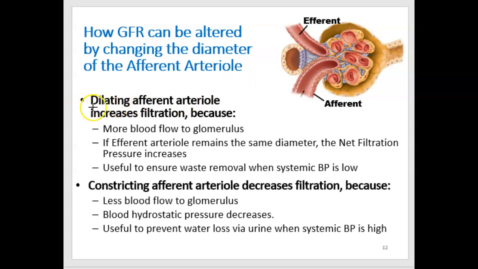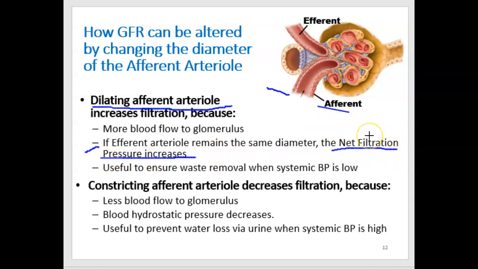If we were to dilate the afferent arteriole, if it got even wider, that would increase filtration because it would increase blood flow, particularly if the efferent arteriole remains the same diameter. Now we're going to have even more pressure, not just more flow, but a higher net filtration pressure.